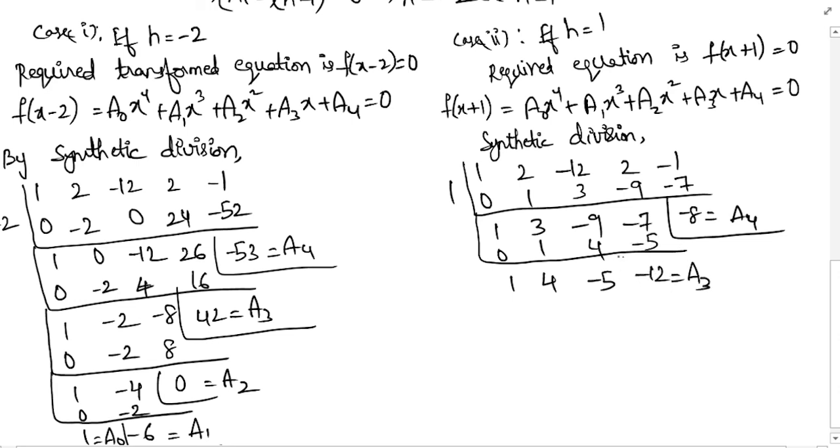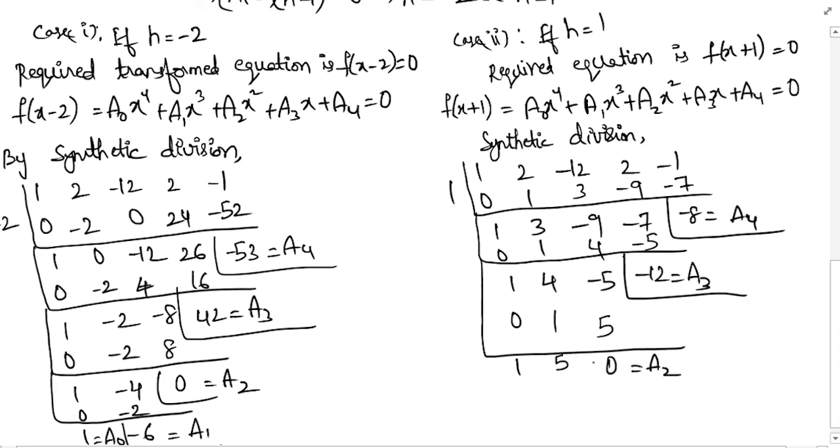This is A3. Okay, so now here 0, 1, 1, 5, 5, 0. Okay, so A2 is 0 and again here 0, 1 and this is 1 again. So here it is 6. So A1 is 6 and then this is A0.